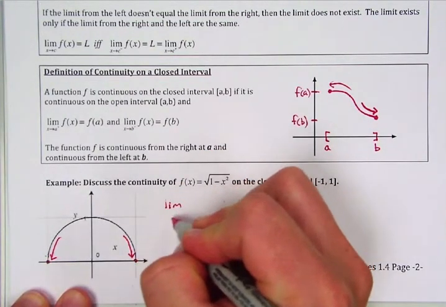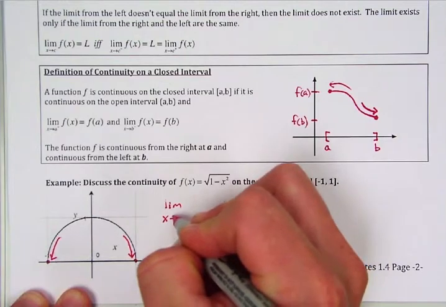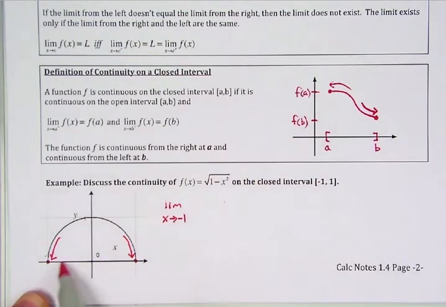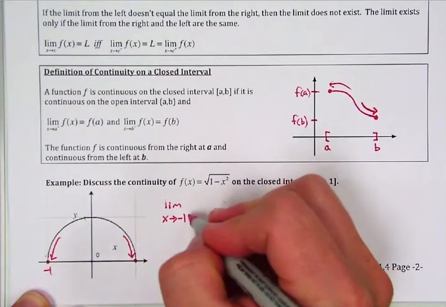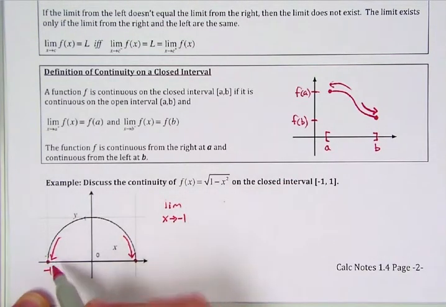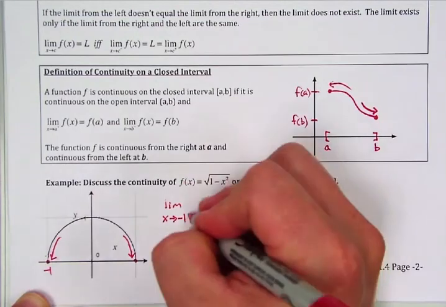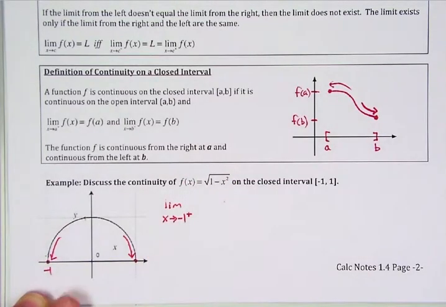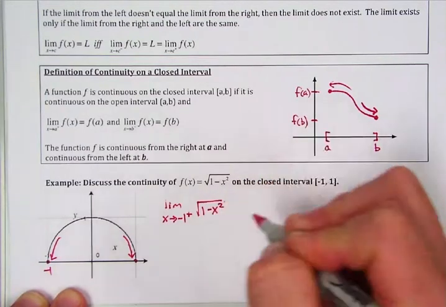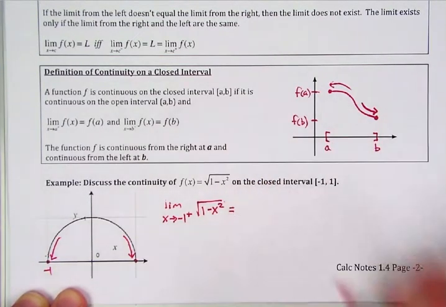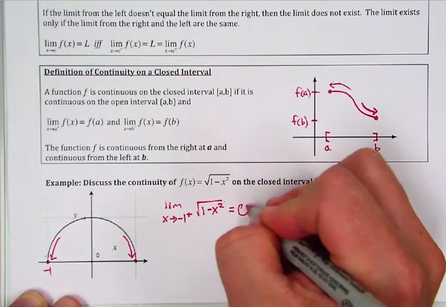So we do the limit as x approaches negative 1 from the left. Oh, is that from the left or from the right? Well, the arrow's coming from the right. So that's got to be a positive, of our function square root of 1 minus x squared. Okay, well, looking at this, our limit looks like it's 0.